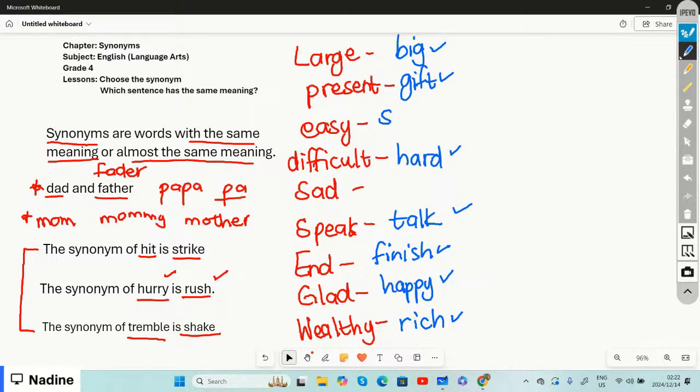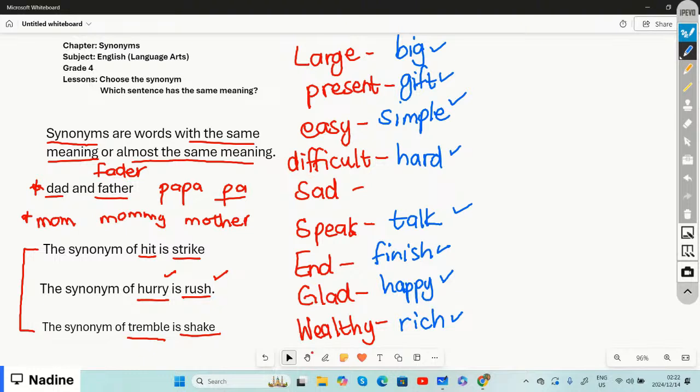I get that, I like that. But the word that is the synonym of easy is simple, right? Or a synonym of simple is easy, right?